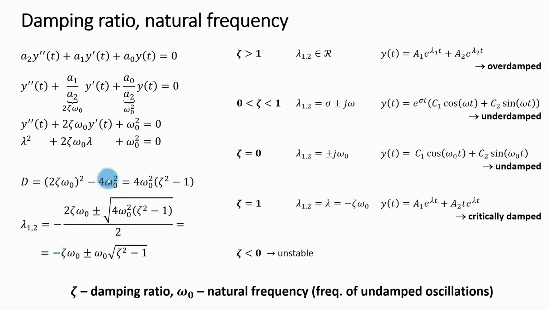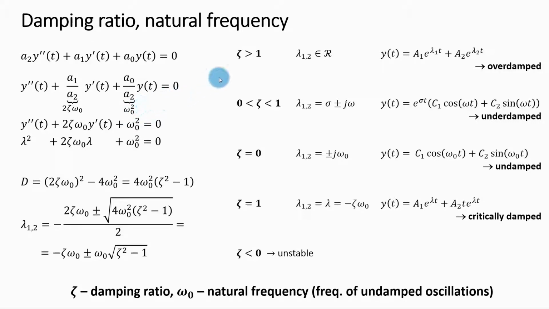But this approach is mostly intended for stable systems in which these coefficients will be positive and consequently omega naught will be real. For unstable systems, we do not use this, and if a system is unstable, we do not judge its damping.